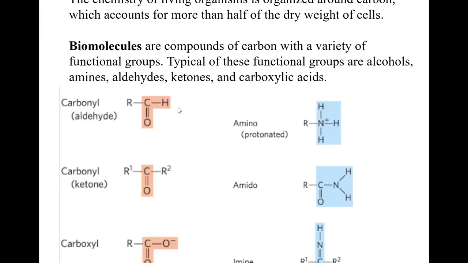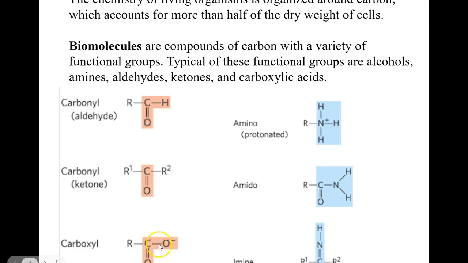As far as any more functional groups, once again, we have this carbonyl, but now it's highlighting this whole thing where this carbonyl is attached to a hydrogen, so that is an aldehyde group. Remember, we have an R on both sides of this carbonyl group. You have a ketone, and then this is a carboxyl group.